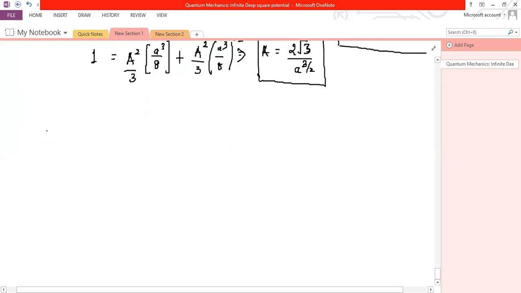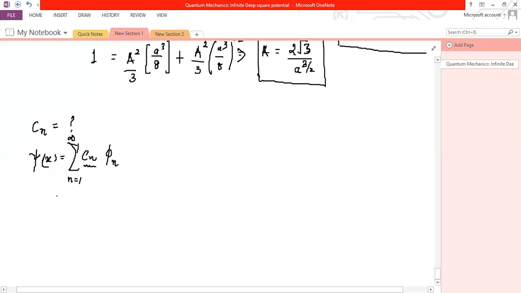Okay, so if you want to find Cn, how would you find Cn? Because I have already given that psi x can be written as summation n equals 1 to infinity Cn phi n, and I want to find Cn.